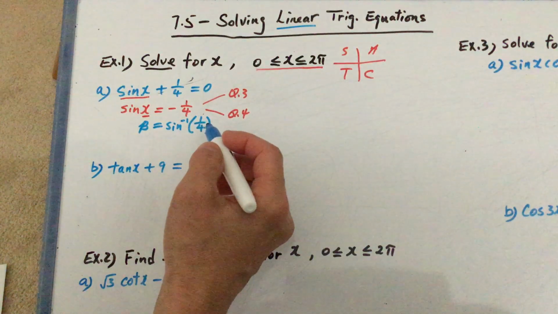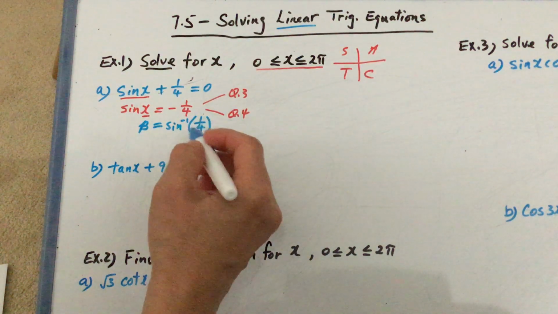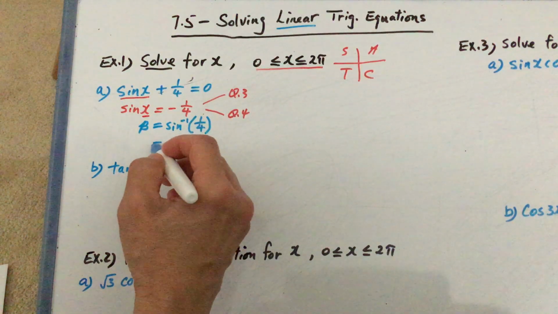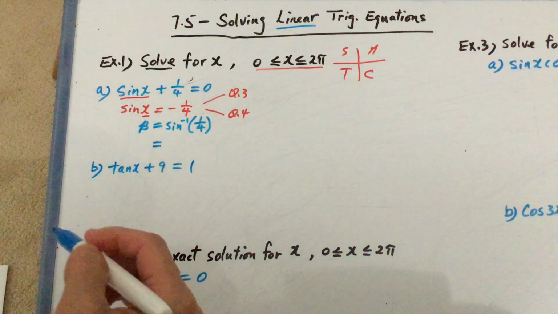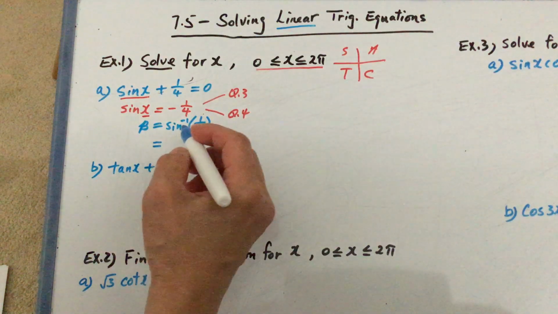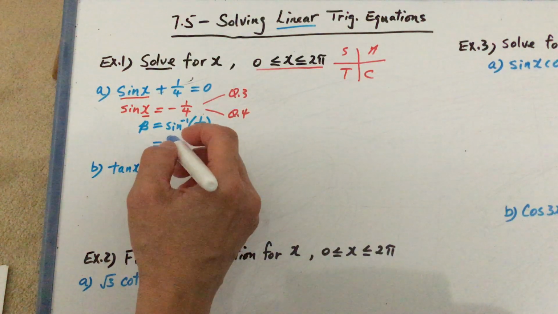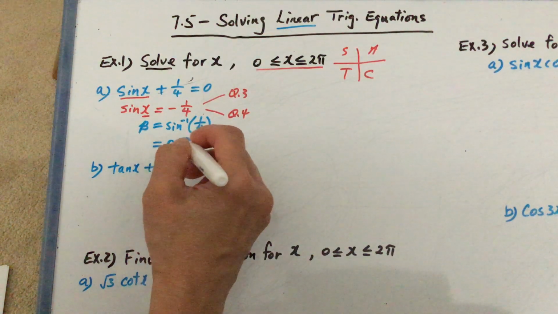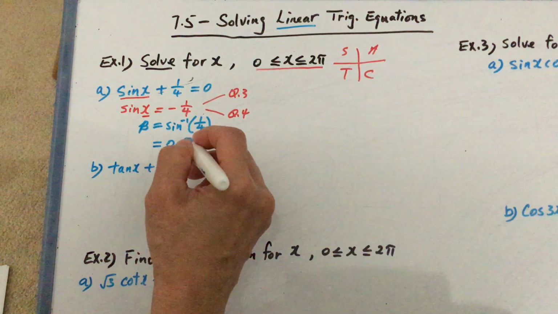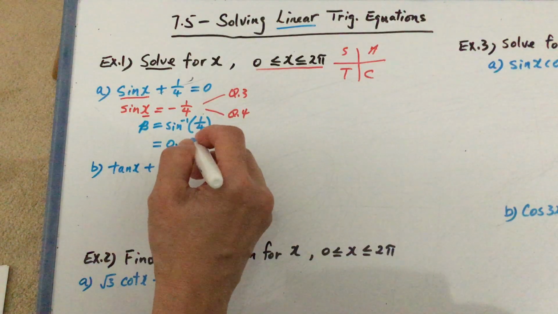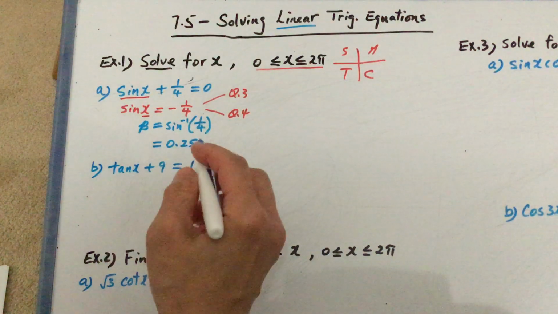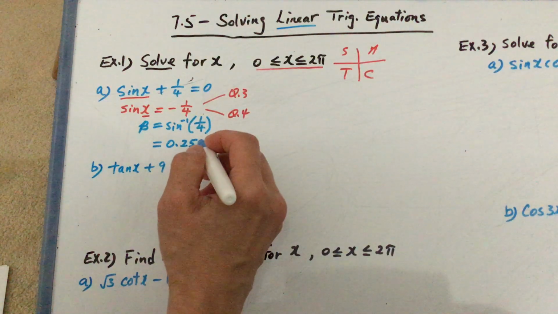Because this is not a special angle, I know that this is going to give me some decimal in terms of radians. So again, we don't use degrees anymore. When it comes to radian measures, the question asks for 3 decimal places.